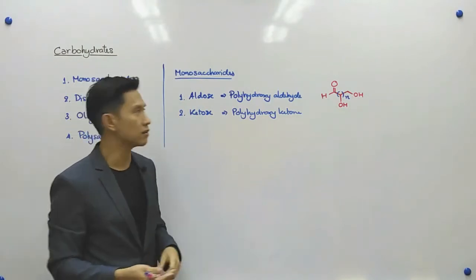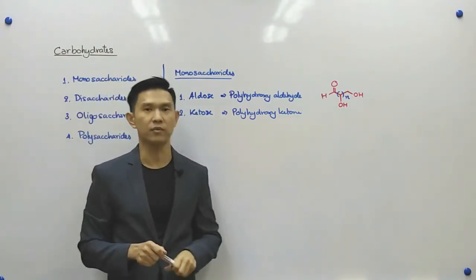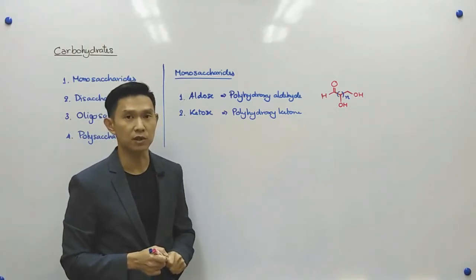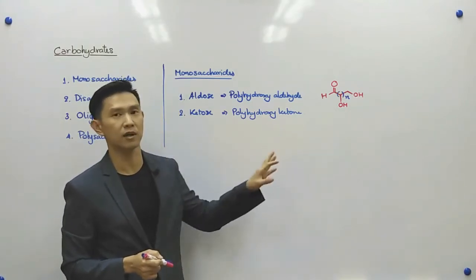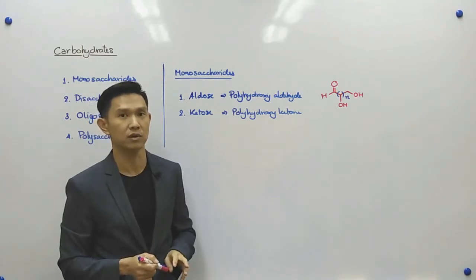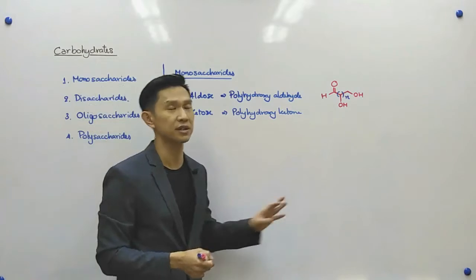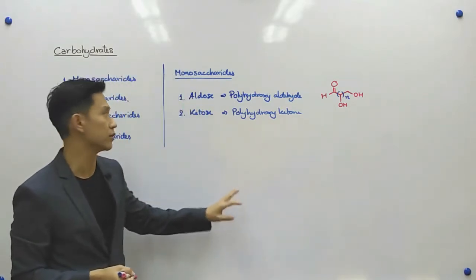But in some cases, we also have other functionalities in the molecules, or maybe some of the carbons lost their O from the structure. Sometimes it happens. We'll see some examples afterwards.